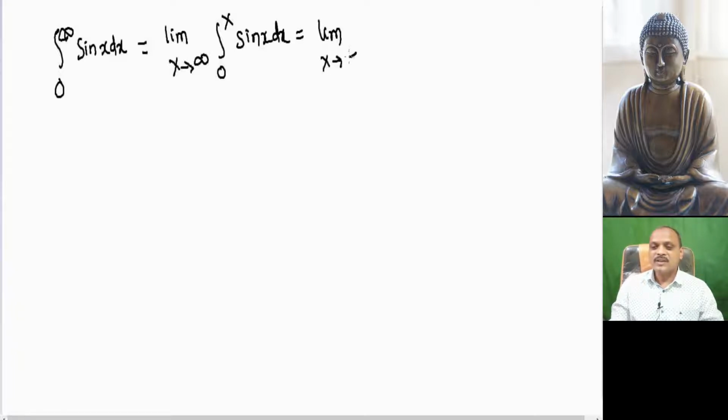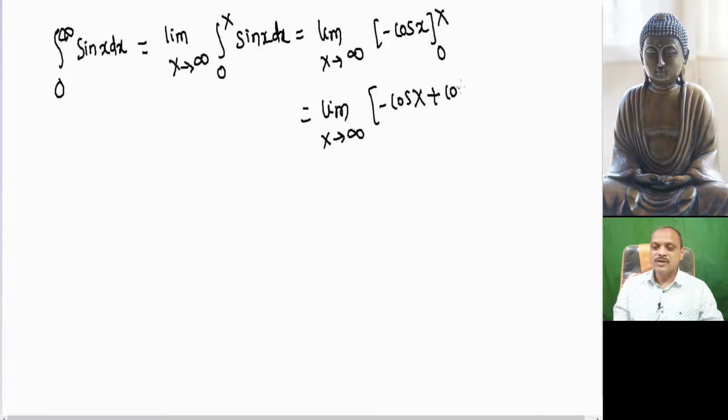The integration of sine is minus cos x between the limits 0 to capital X, equal to the limit as capital X tends to infinity of minus cos of capital X minus minus cos of 0. Cos of 0 is 1.